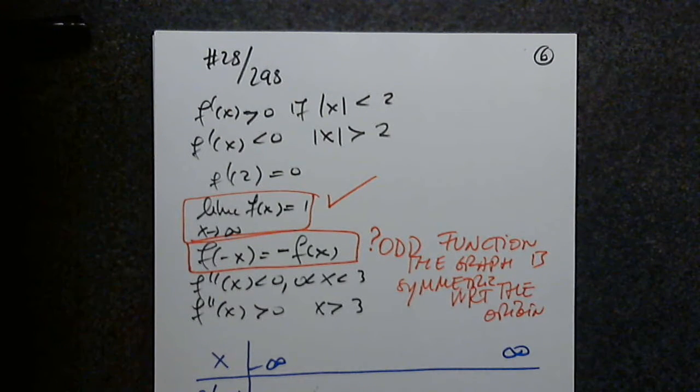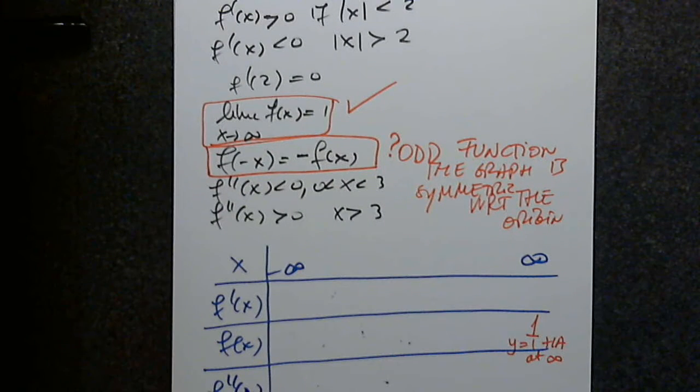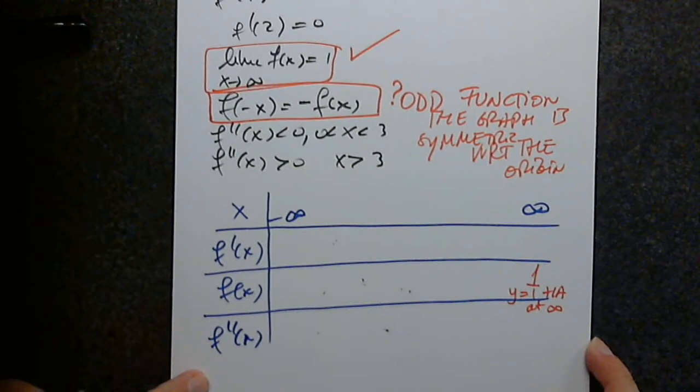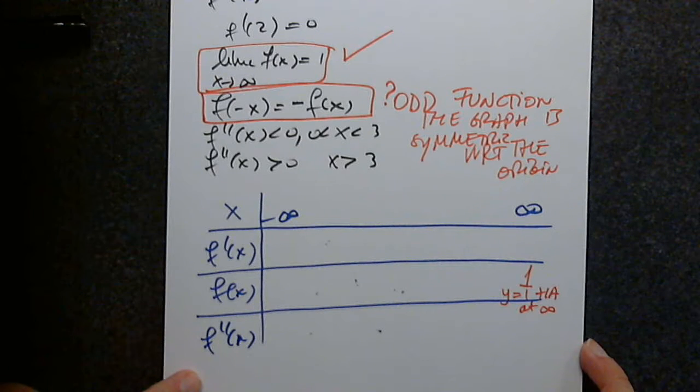So if that's the case, then I know that at the other end it cannot have a horizontal asymptote y equals 1. But it has a horizontal asymptote of... if it's symmetric with respect to the origin. What do you think?